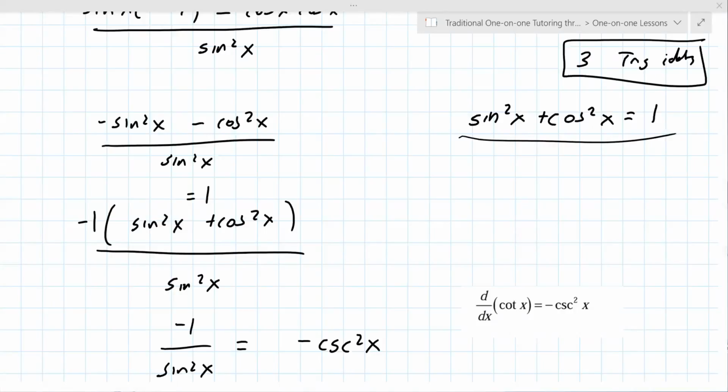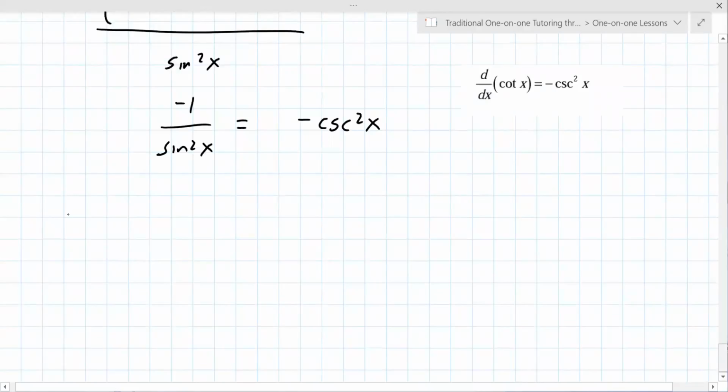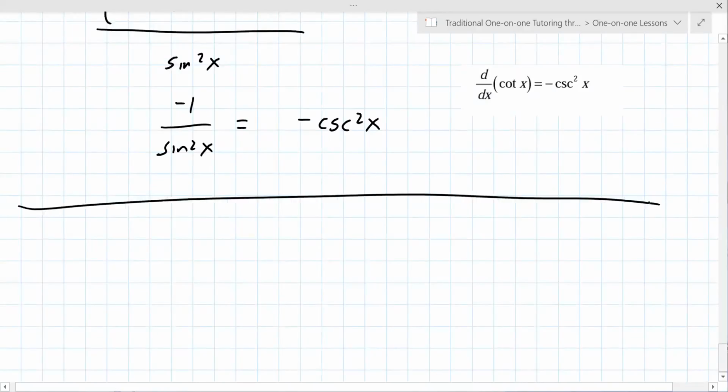So let's do just one more of these. I'll have you do it. If you look at the reference sheet, that was actually kind of a nice one there. We know the derivative of secant of x.